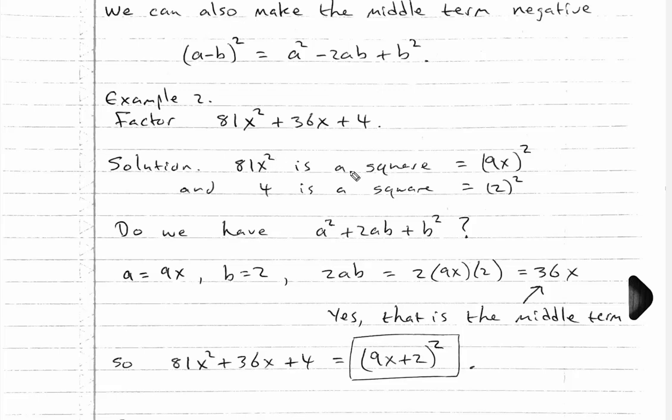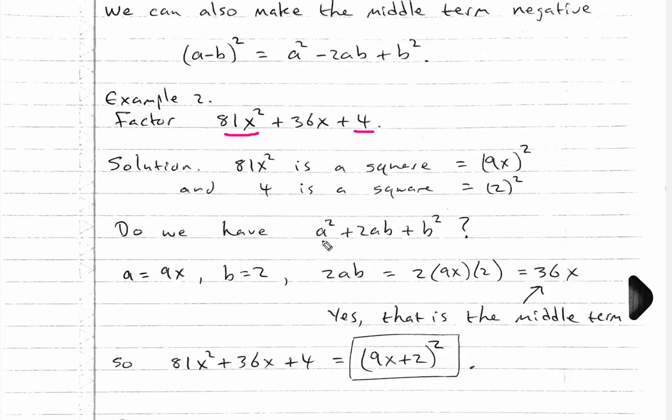So 81x squared is a square, that's 9x quantity squared, so 9x times 9x gives you this. 4 is certainly a square, 2 squared.